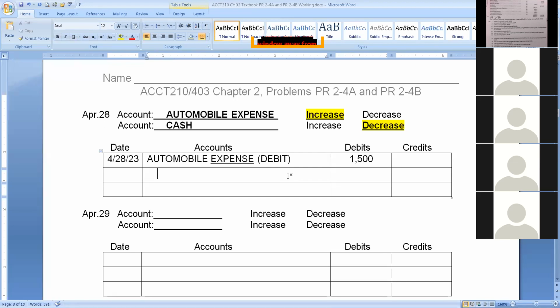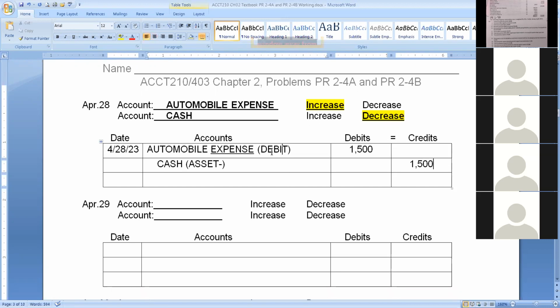Oh, cash, an asset, goes down. And again, if you know one side, these two sides have to equal. So you know that if you got the debit, you got the credit. So anytime you see an expense, debit.